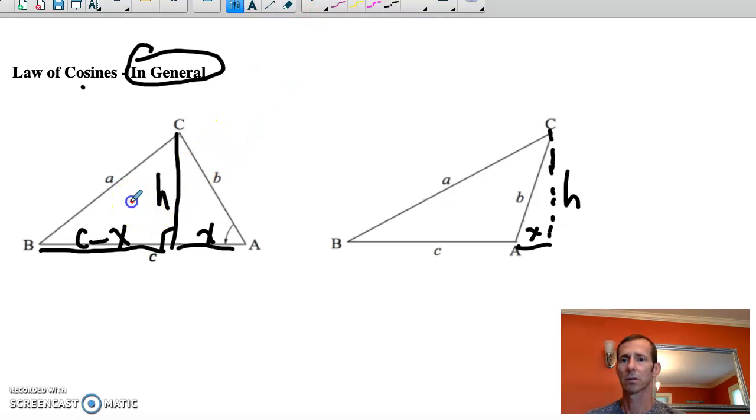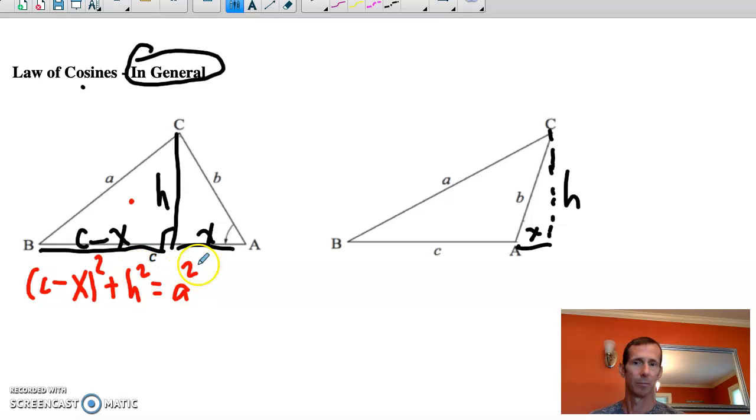So what we'll do is start by looking at this particular triangle using the Pythagorean theorem, like we did a second ago. So we would have c minus x squared plus h squared equals a squared. And I'm also going to do something similar with this triangle, which would be x squared plus h squared equals b squared.